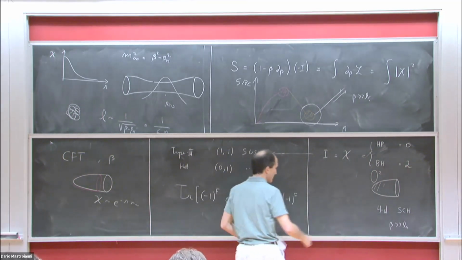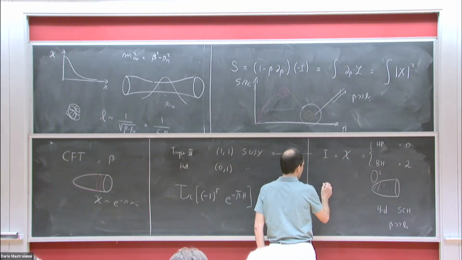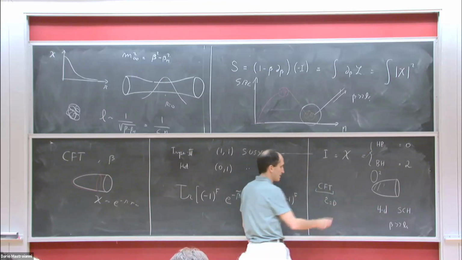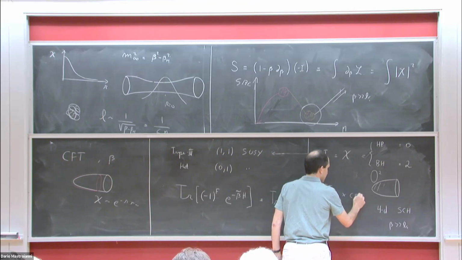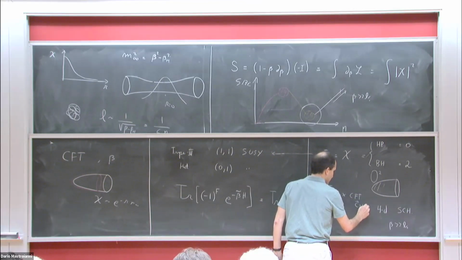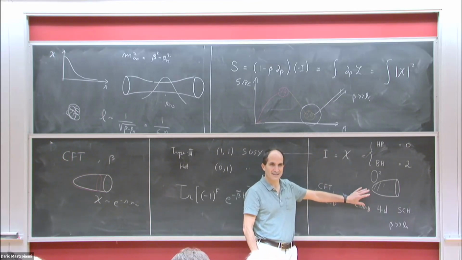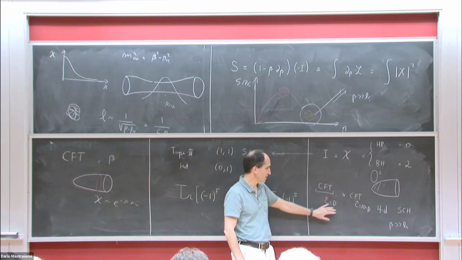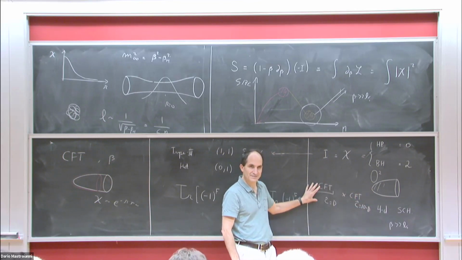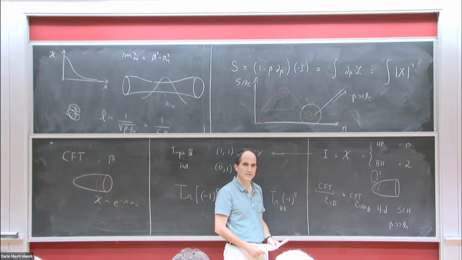Throughout this discussion, we're imagining we have a CFT that has c hat equal to D, times another CFT that has a central charge of 10 minus D. This one is always left untouched, and we are just following what the conformal field theory in D dimensions is doing. I'm a little confused, because doing the GSO projection mixes the two up.